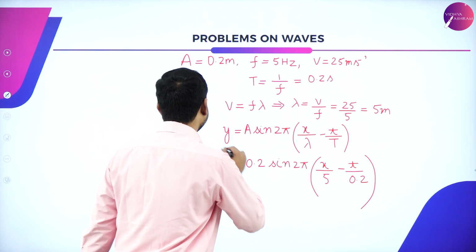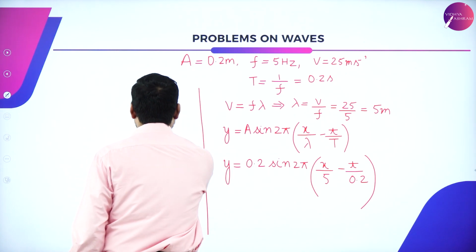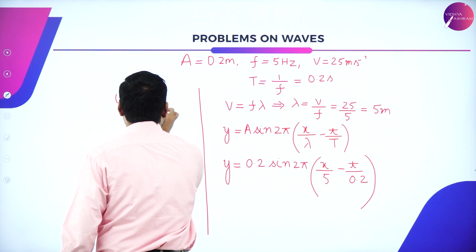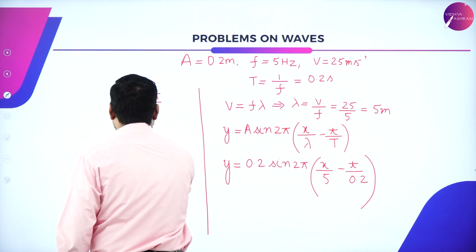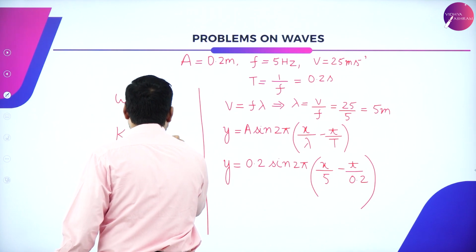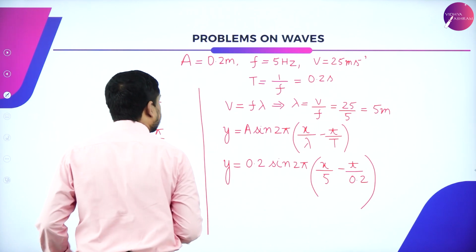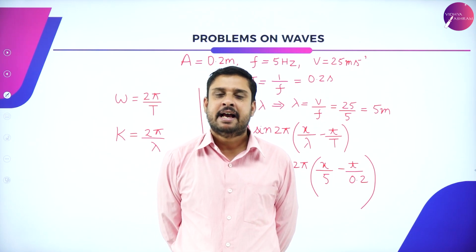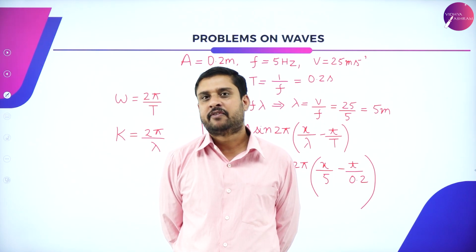Again, angular frequency, this is an assignment for you all. Omega is 2 pi by T and k is 2 pi by lambda. Substitute here. We get angular frequency and angular wave number.